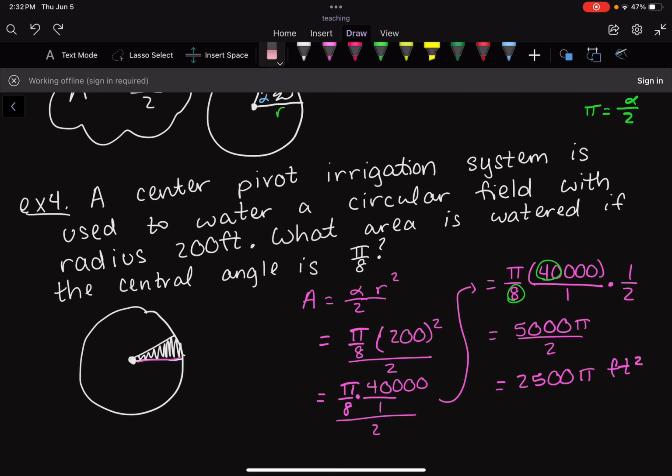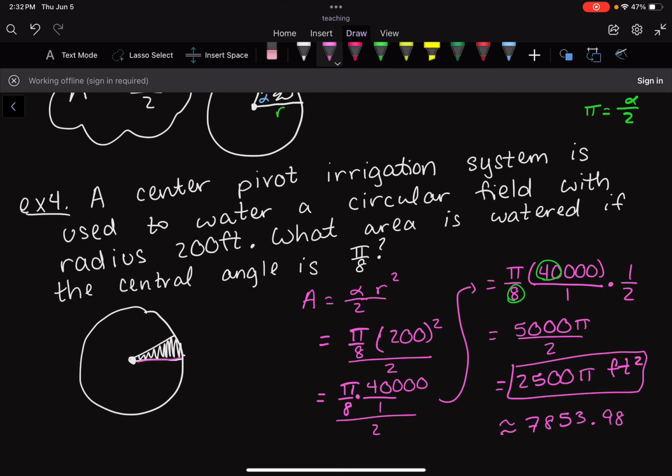So let me go ahead and box that in. If you did want to simplify this answer fully, so multiply by pi, it'd be 7,853.98, if we wanted to multiply out the pi.